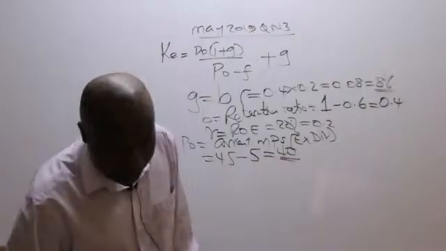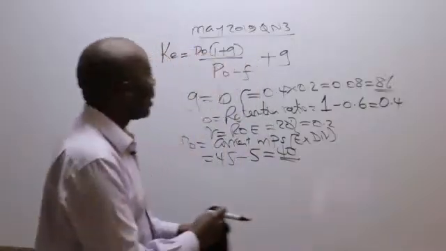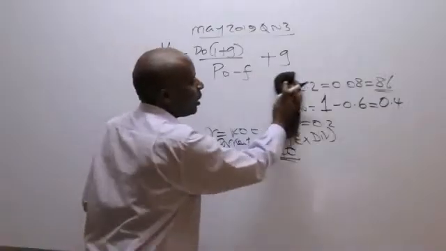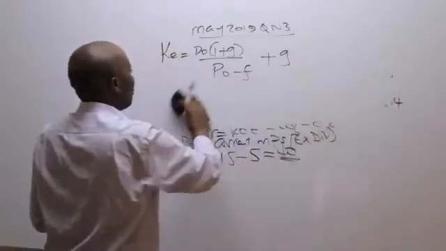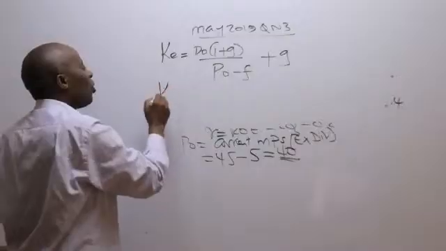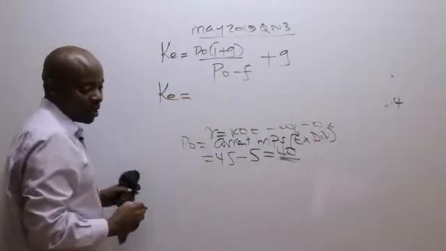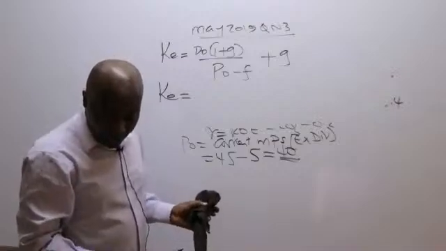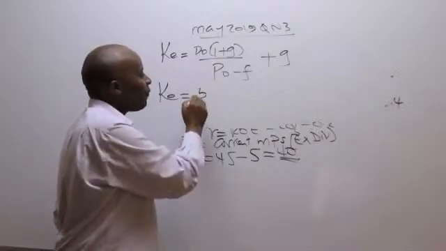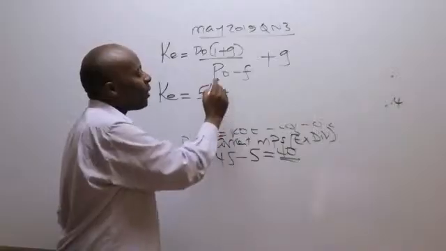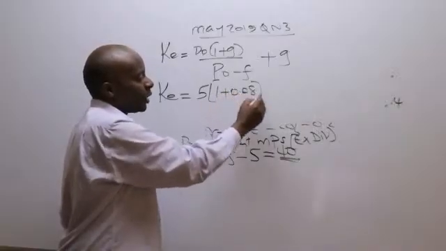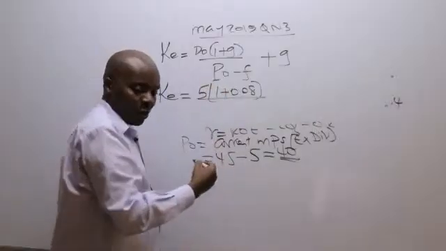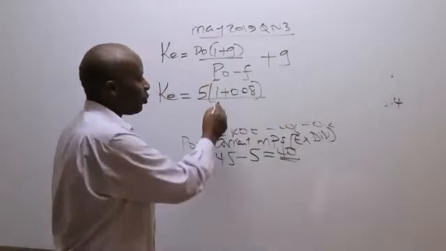So ladies and gentlemen, the moment I reach here, it will be very easy for me to finish up the entire requirement in Roman 1. The cost of ordinary shares, the cost of equity, will be equal to the current dividend, which is 5, into 1 plus the growth rate that we got as 0.08, all over the P0, which is ex-dividend, which happens to be 40.